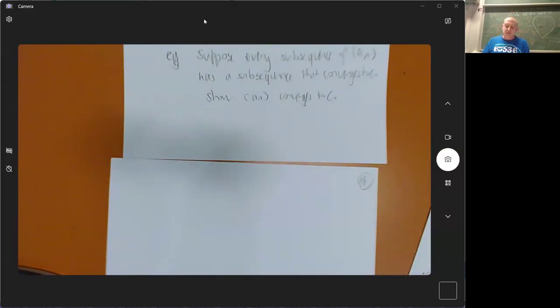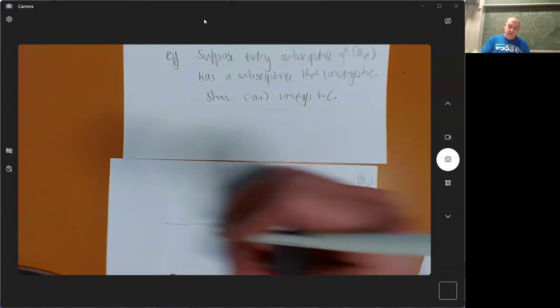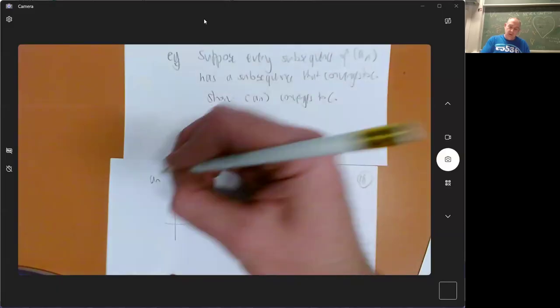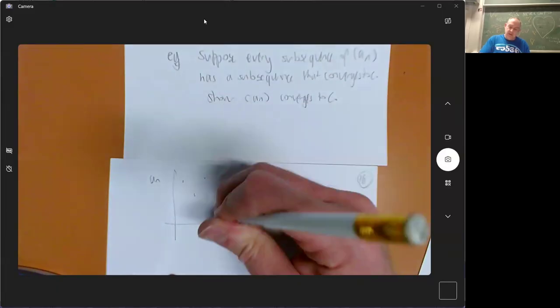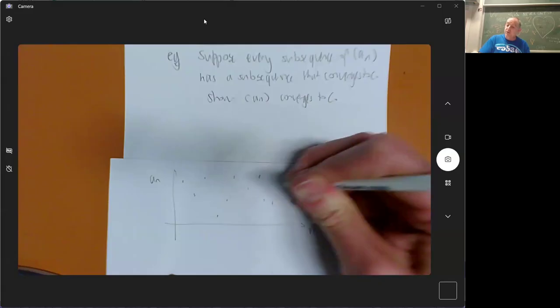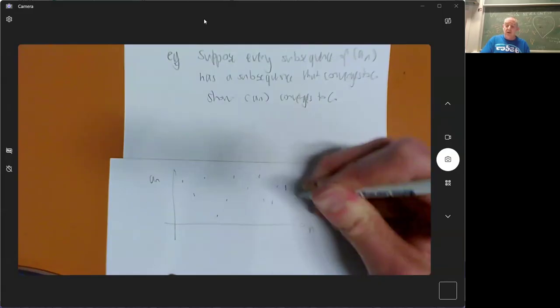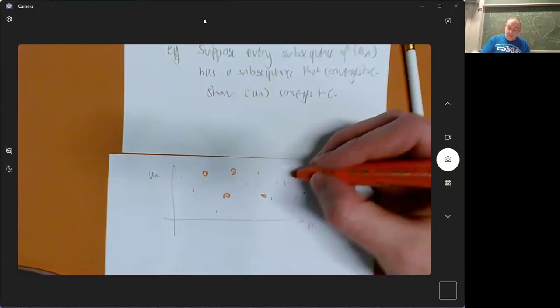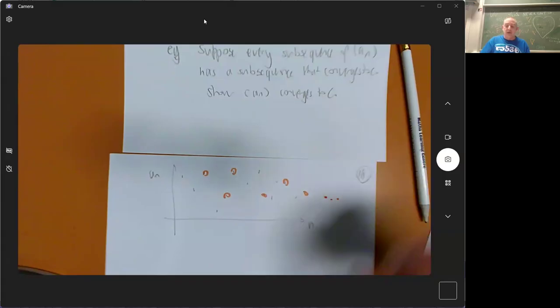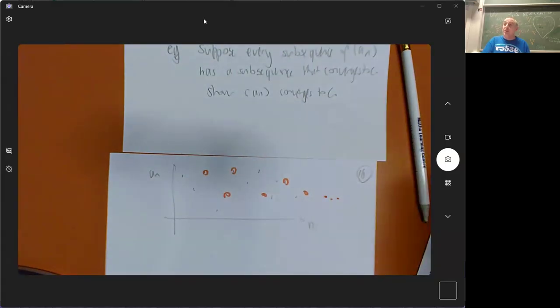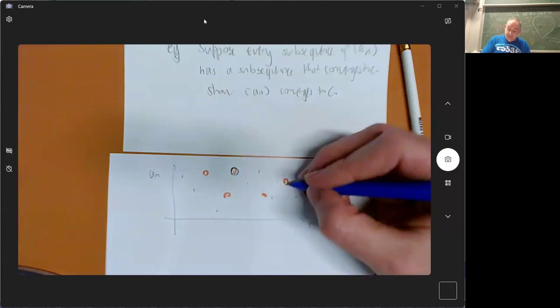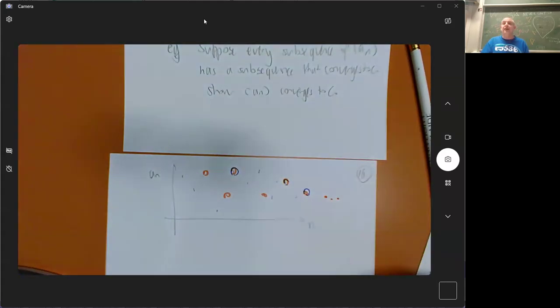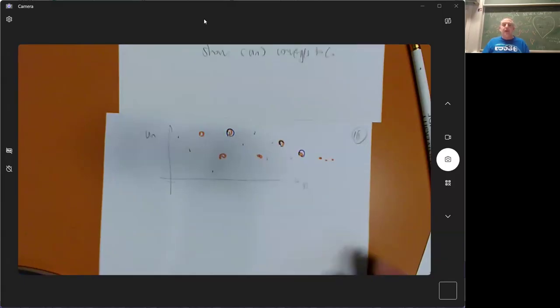Okay, so just thinking of this sequence, and I'm going to draw this as n, and this as a_n, and it has all these values, whatever they do, and we're saying that no matter which subsequence we pick, within that there's another subsequence that definitely converges to C. All right.